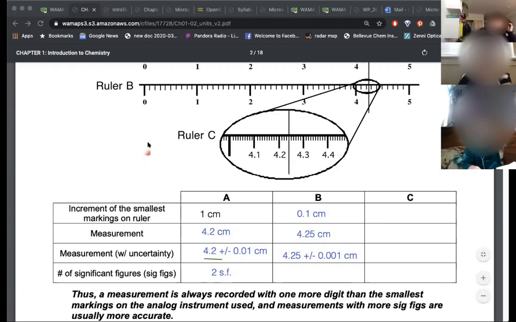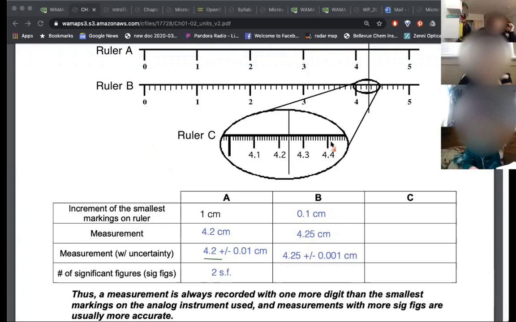And 4.24 would be perfectly fine. So that's just a matter of judgment, a difference in opinion, and that's fine, right? That's the variation in our judgment, and that's totally acceptable. It's within the accuracy of the device. All right, and so that number from ruler B has 3 significant figures.